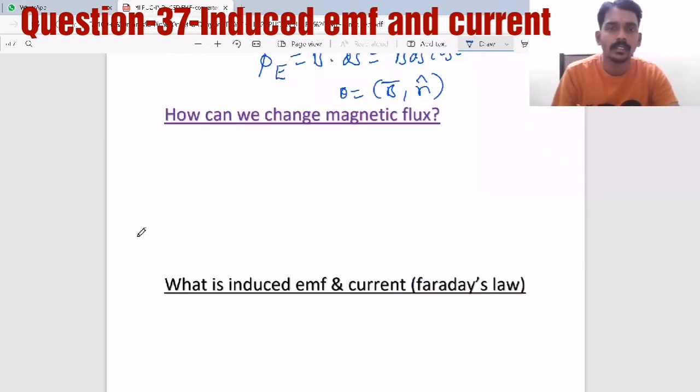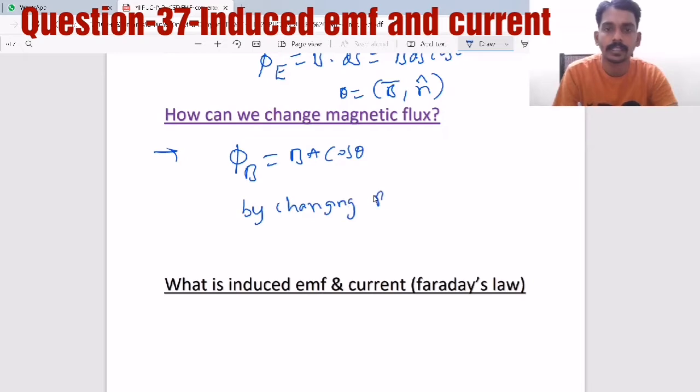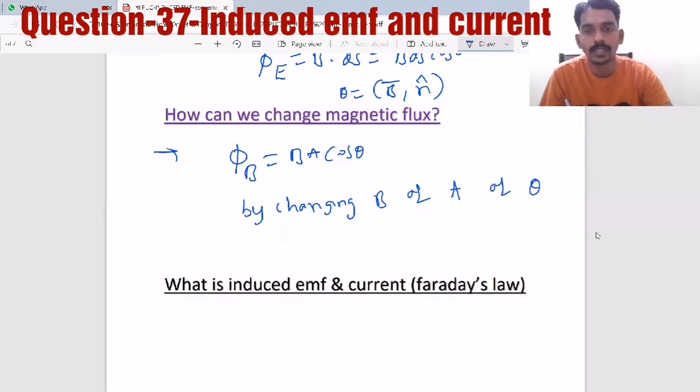And the next thing is you have to think about how we can change the magnetic flux. The magnetic flux is given by BA cos theta. That means by changing the magnetic field, or the area, or the angle between the normal to the surface and the magnetic field, we can change the magnetic flux.